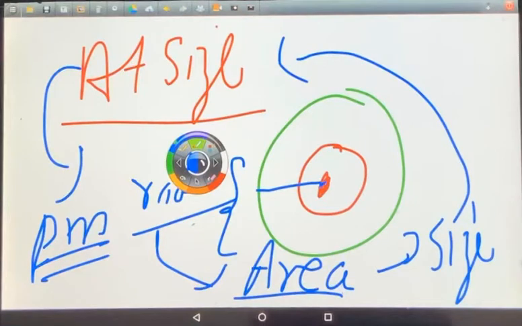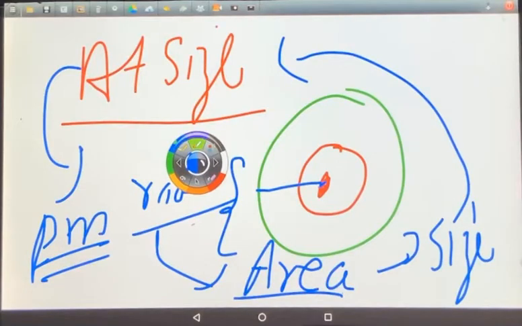Just revise this once again: atomic size is the area enclosed within the atom, which can be determined from the formula using its atomic radius. Since it is a very small quantity, we do not measure it in meters. We use the unit of picometers.